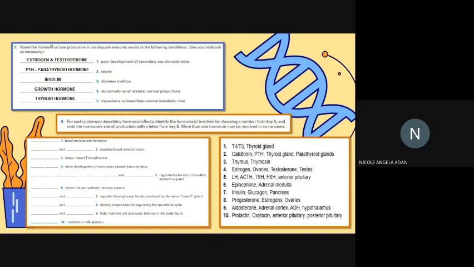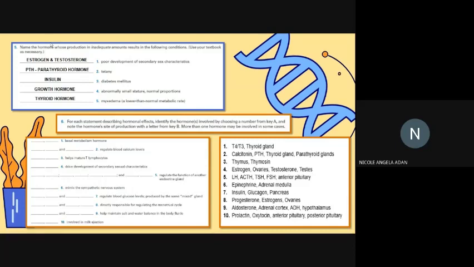For number 2, it regulates blood calcium levels. These are calcitonin and PTH, which are secreted by the thyroid gland and the parathyroid glands. Number 3, it helps mature T lymphocytes is the thymus and thymosin.